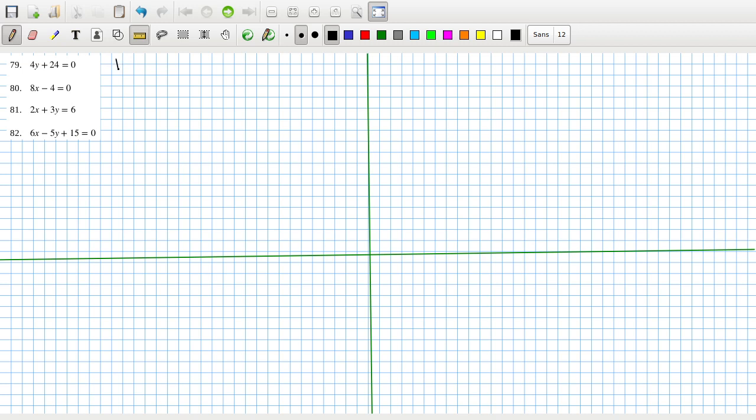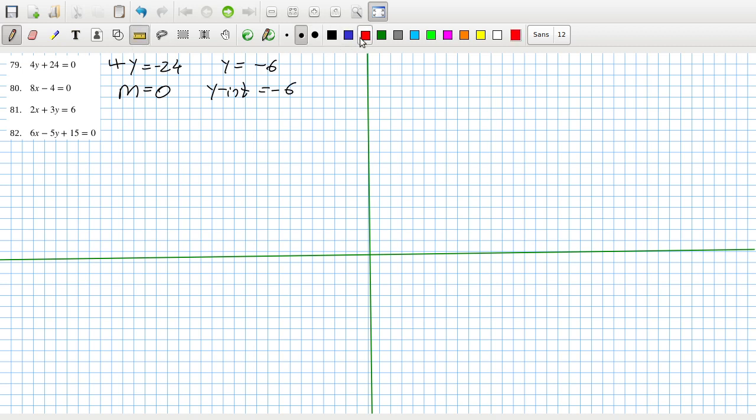So the first one is 4y equals minus 24, which means y is minus 6. So that means the slope is 0 and the y-intercept is minus 6.